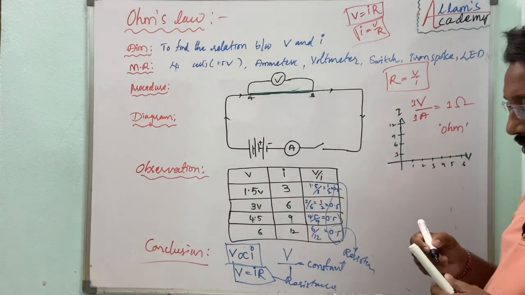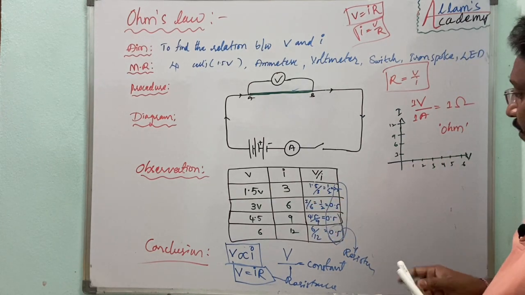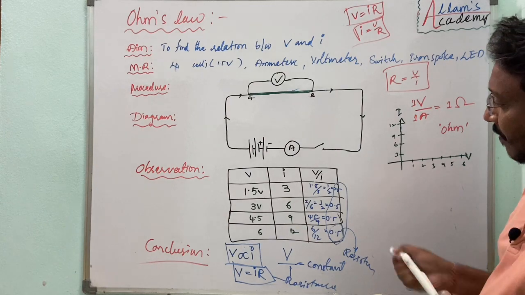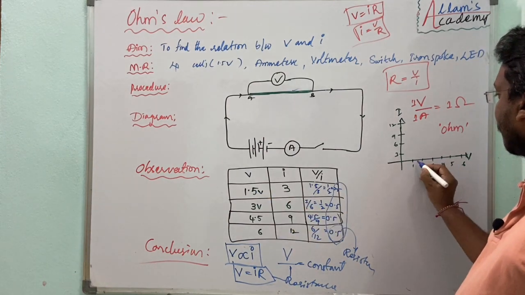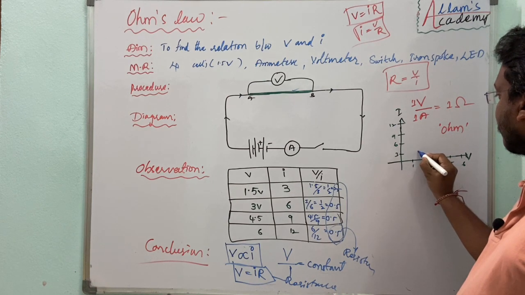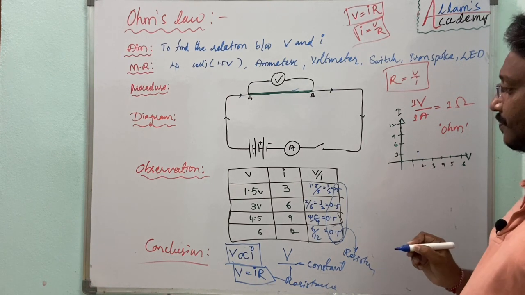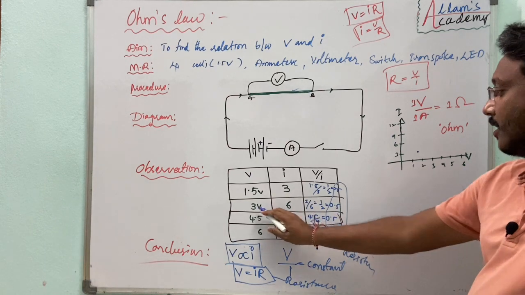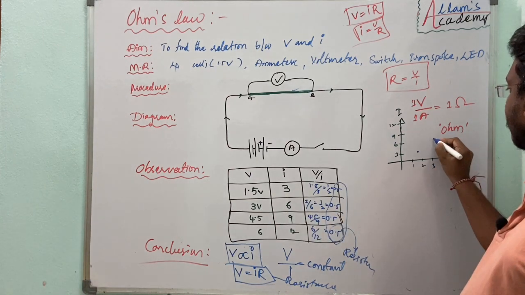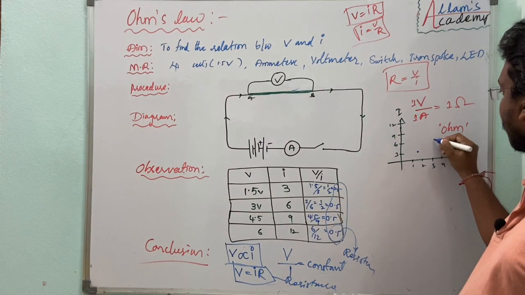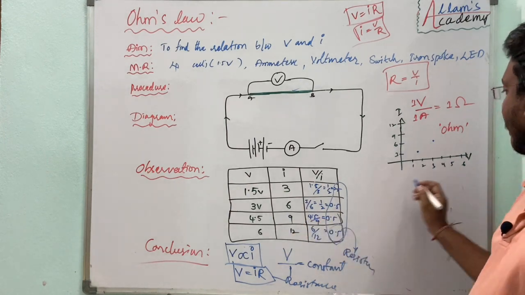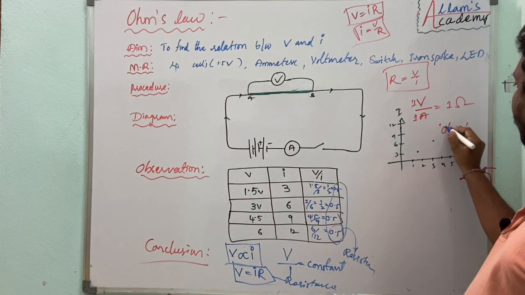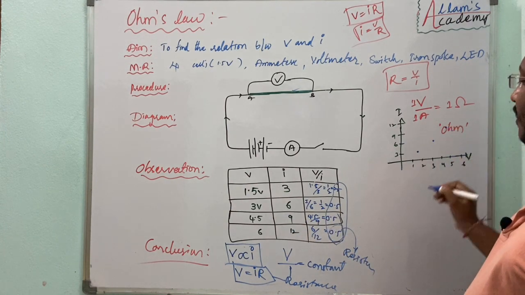Then use these values which we got here. Here the potential difference is 1.5, for example, and the current is here. At 3 volts we got 6 amps. Next, at 4.5 we got 9, right?